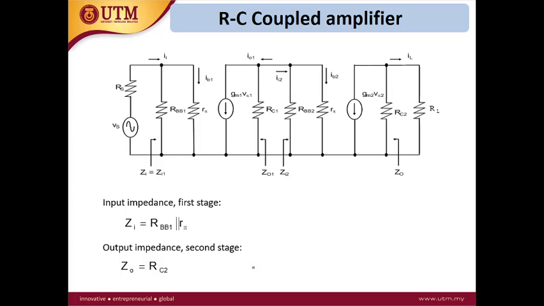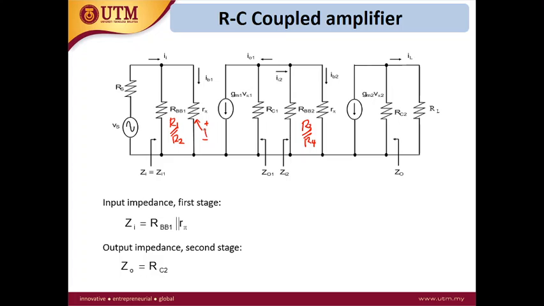So this is the redrawn AC equivalent circuit at midband for the multistage. So we have RS, RBB1 is R1 parallel with R2, and RBB2 is R3 parallel with R4. So V pi 1 is the voltage across here.